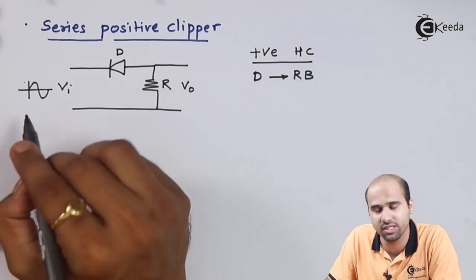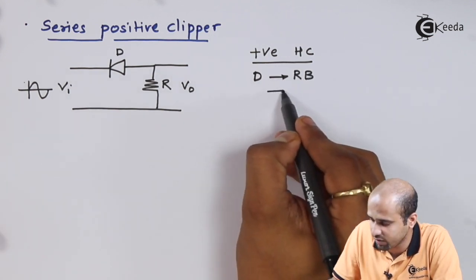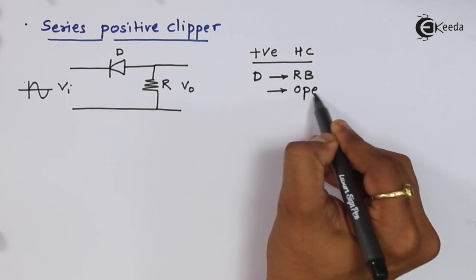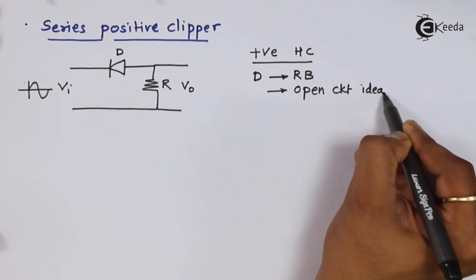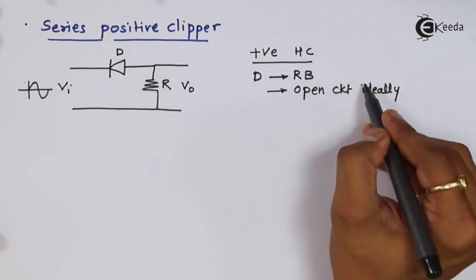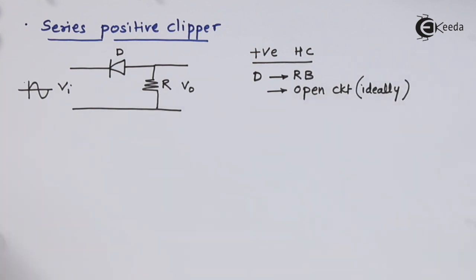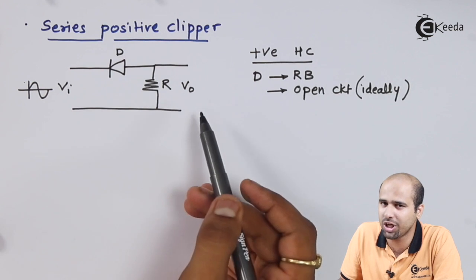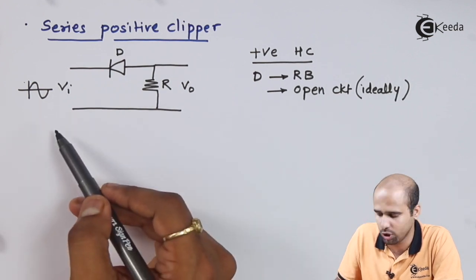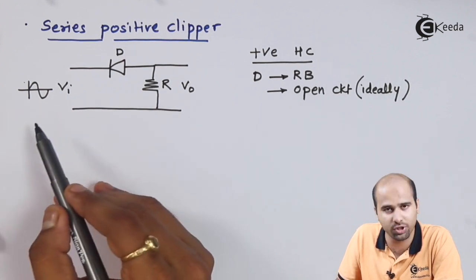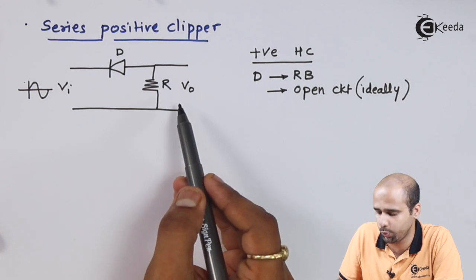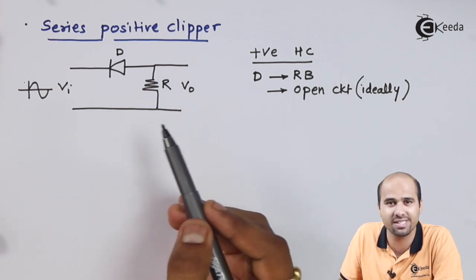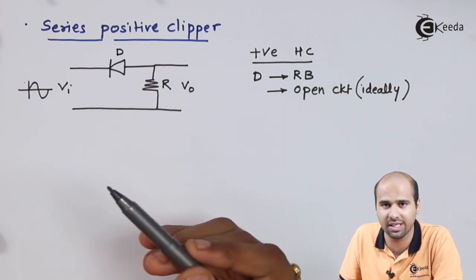If diode D is reverse bias, ideally it will be open circuited. If it is ideally open circuited, then input has nothing to do with the output and output has nothing to do with the input. So I can say that input is not connected with the output VO. VO will not be the same as the input signal waveform.